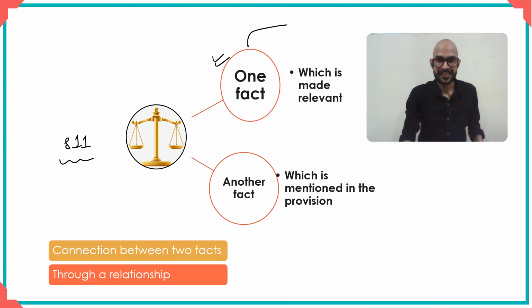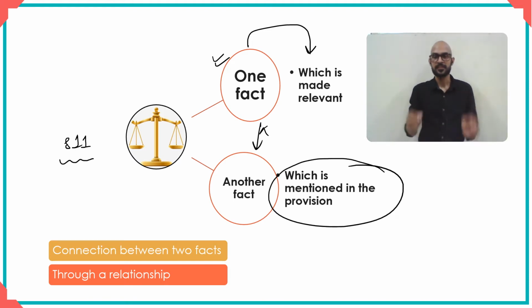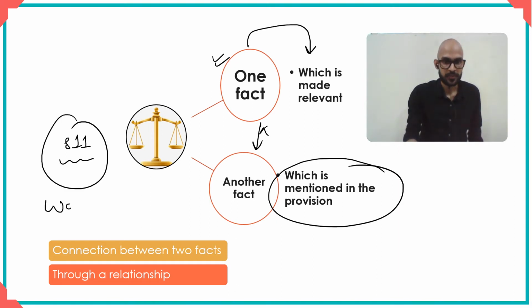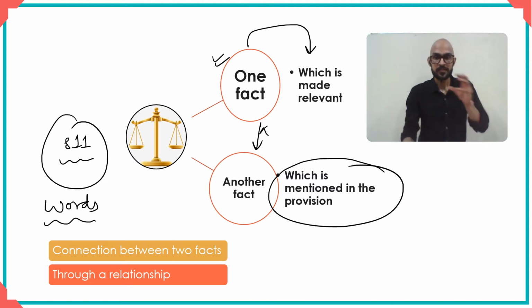In other words, it declares it to be relevant by virtue of its relationship with another fact which has been mentioned in section 11 itself. So we look at the relationship given in section 11. That relationship would be understood by virtue of the words mentioned in there. And as a result of that, a certain kind of fact, the new fact, is made relevant.